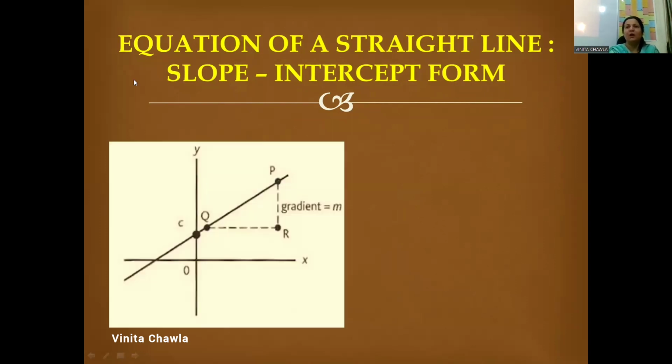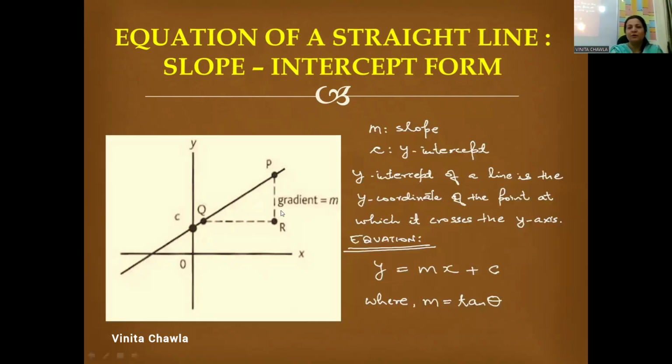How do we write equation of any straight line in the slope intercept form? See, this is the line. We can choose any 2 points, as we have chosen here P and Q. So we can find the slope. Slope is the gradient. It is y2 minus y1 upon x2 minus x1. And this line cuts the y-axis at this point. Right?